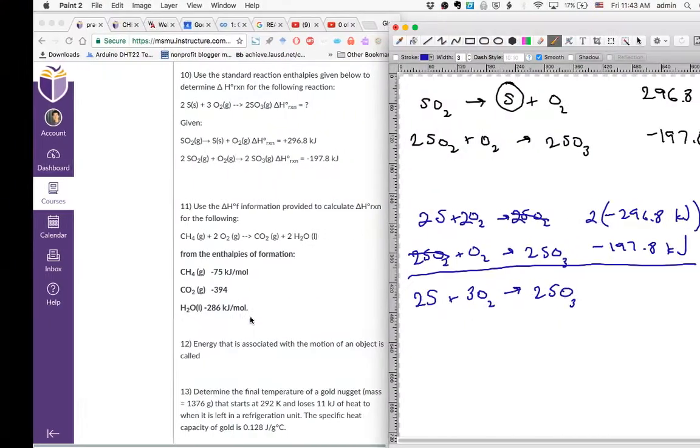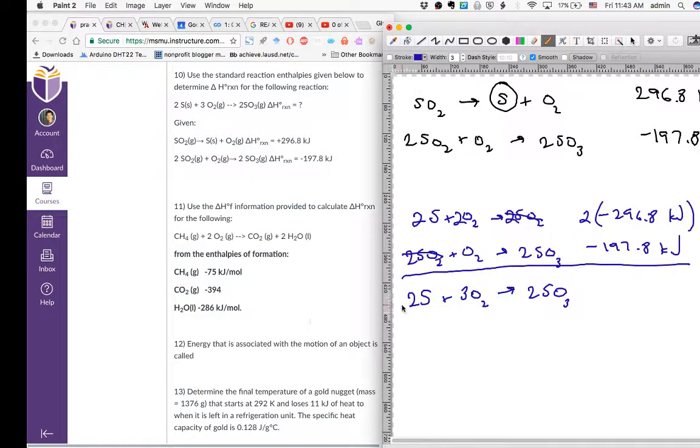Negative 791.4 is the answer. These are in the 10th place, both of them, so the answer needs to be in the 10th place also. I already forgot what it was. Negative 791.4.